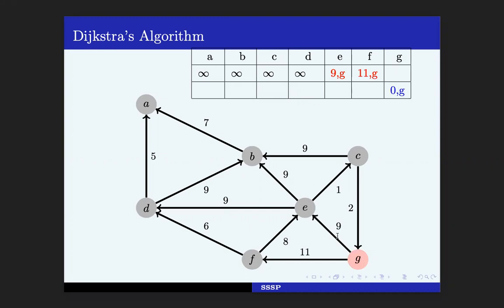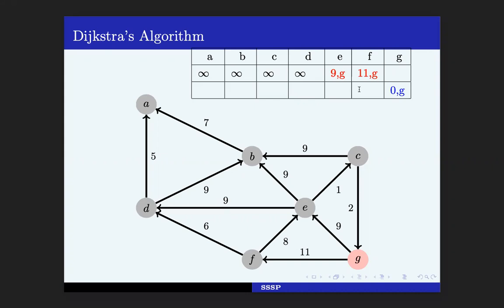Let's look at the two edges that go out. To E, I can go from G, and the cost I can incur right now is 9. I can also go to F, and the cost I can incur is 11.